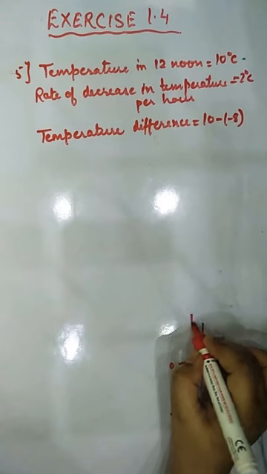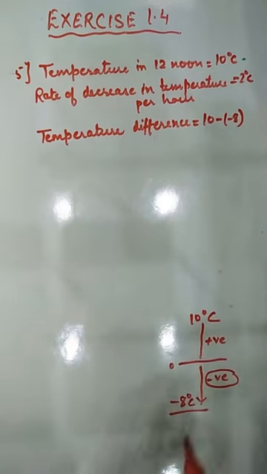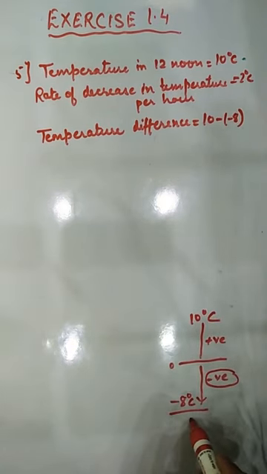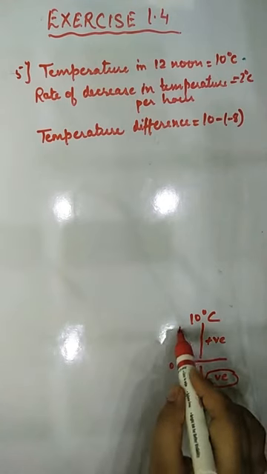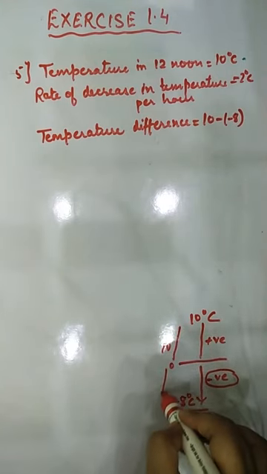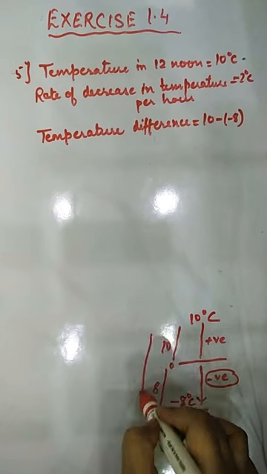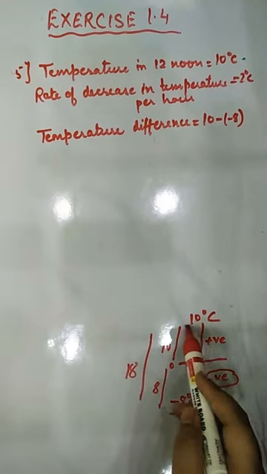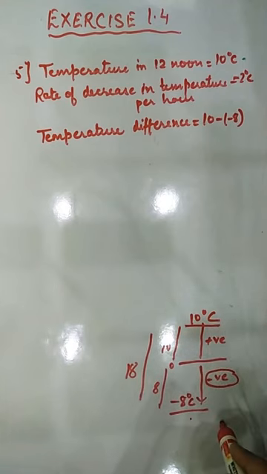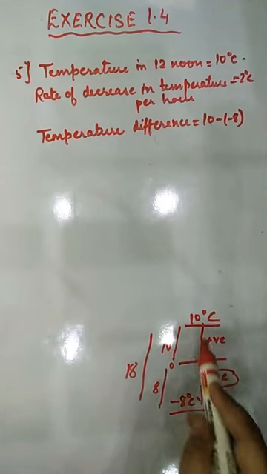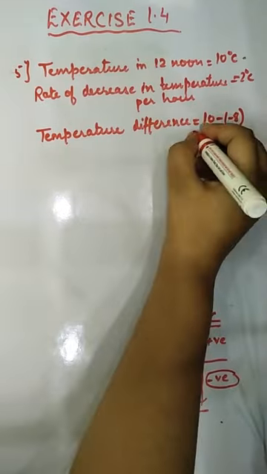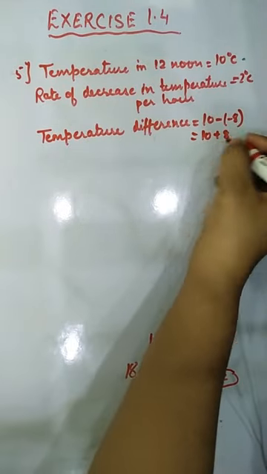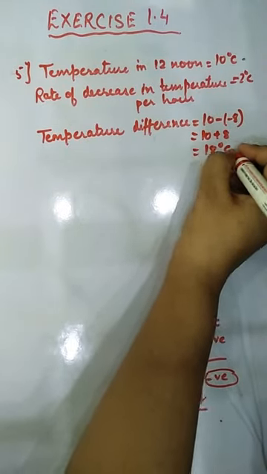First is 10 degrees Celsius at noon and you have to reach -8 degrees Celsius. So what is the difference? 10 and here 8. So total 18. Have you all understood why I am writing 18? Here it was 10 degrees Celsius, here it was -8 degrees Celsius. The difference is 18 degrees Celsius. 10 plus 8, that is 18 degrees Celsius.